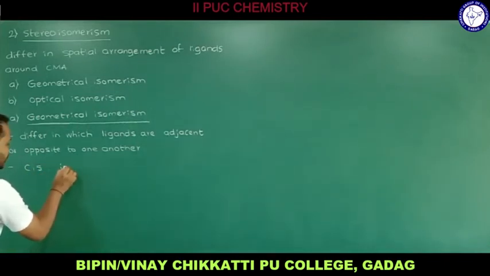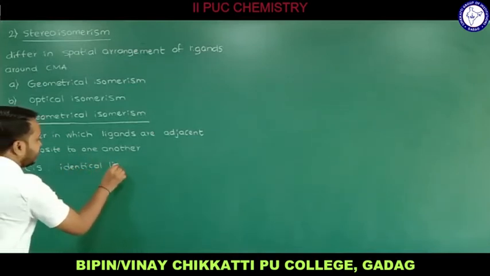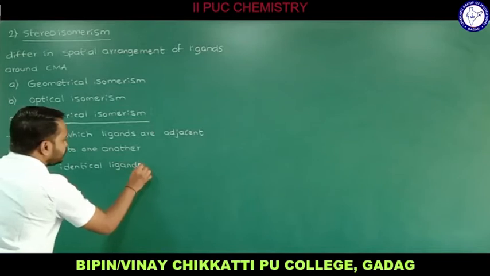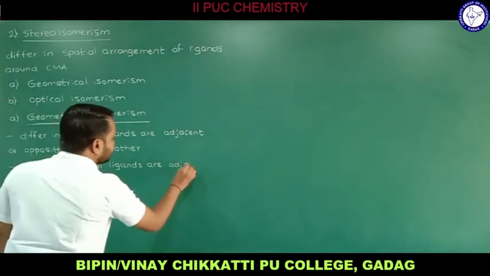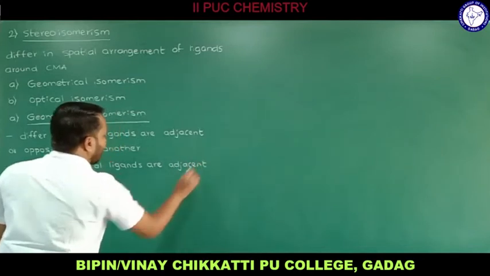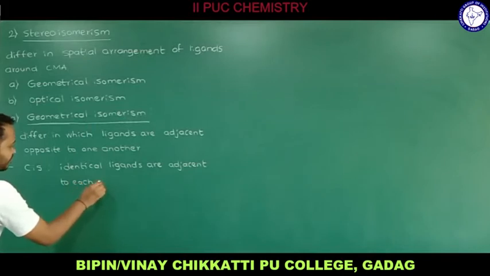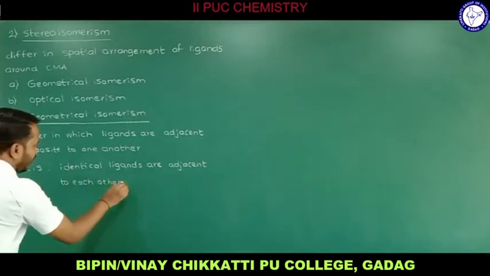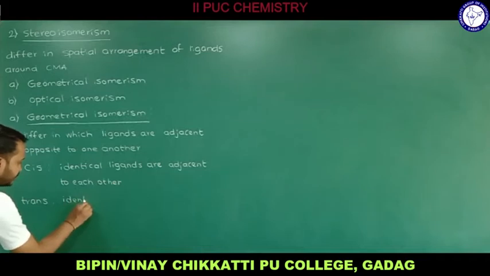First, cis. In this case, identical ligands are adjacent to each other. And one more type of isomer is trans. You can guess what the arrangement would be in this case.